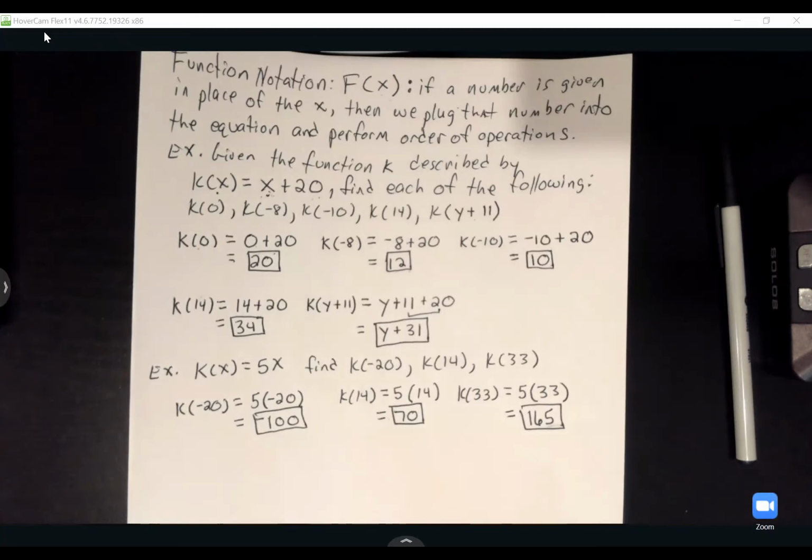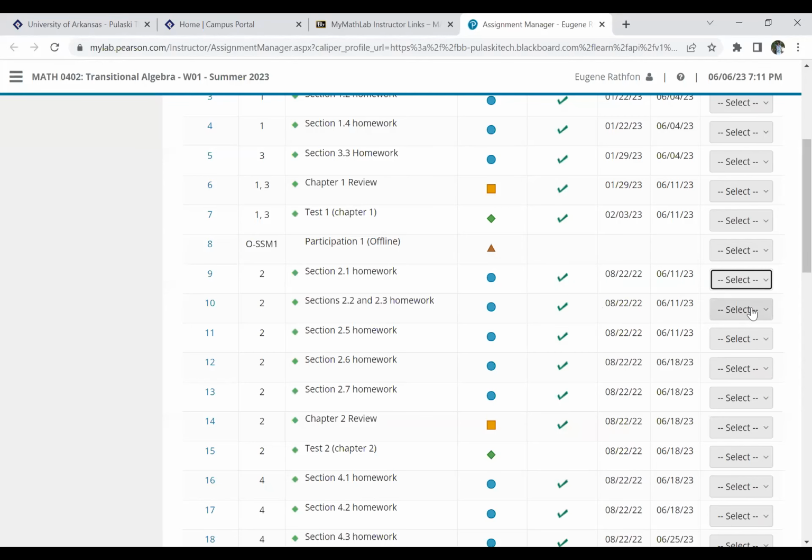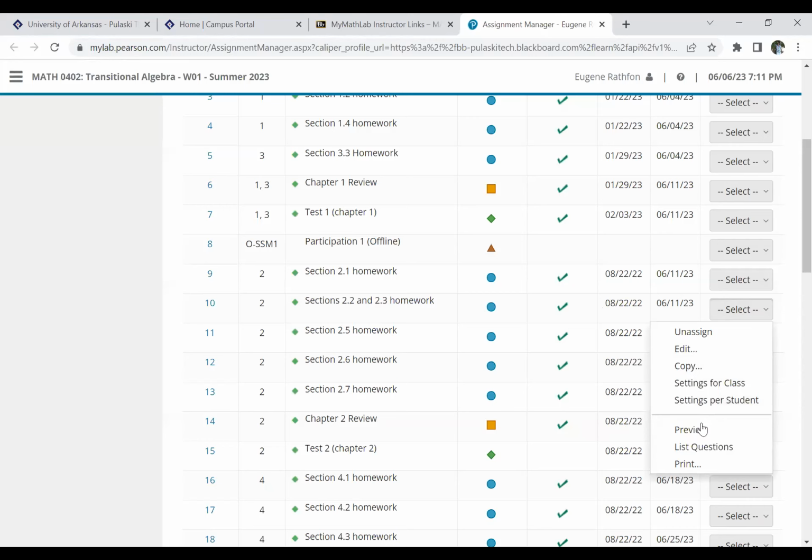All righty, so the next one, we're going to go back to Math Lab again, because these next ones got some graphs they're doing. So let me pull up my Math Lab for us. And actually, I need to pull up a different section. This is 2.2 and 2.3. So let me get our 2.2 and 2.3 ready for me to preview with us.